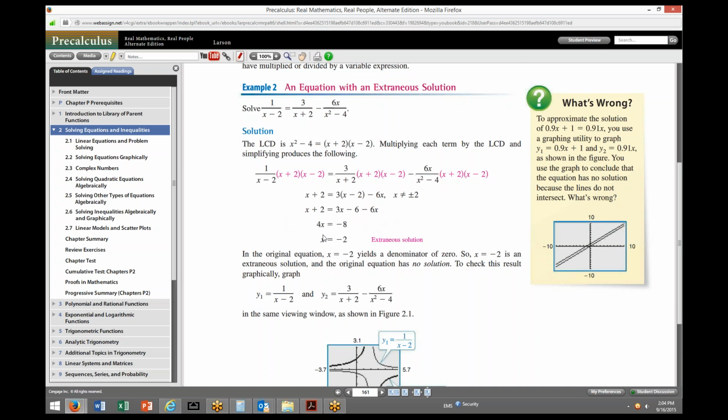Now, let's combine some like terms here. If we just subtract 3x from both sides of the equation and add 6x to both sides of the equation, that's going to cancel out both the x terms on the right side of the equation.